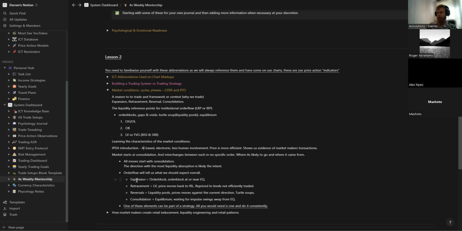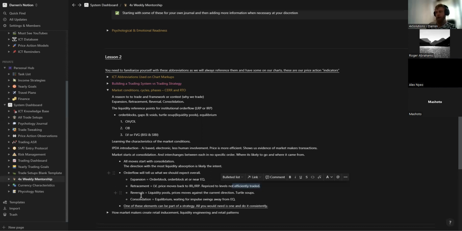Like we said, expansion, order block at a near equilibrium point, retracement, which is generally some kind of liquidity void that was created from the expansion, with price retracing into that liquidity void, maybe possibly back to an IRL or IRP, an institutional reference point or liquidity reference point, and then price retraces to inefficiently traded levels.